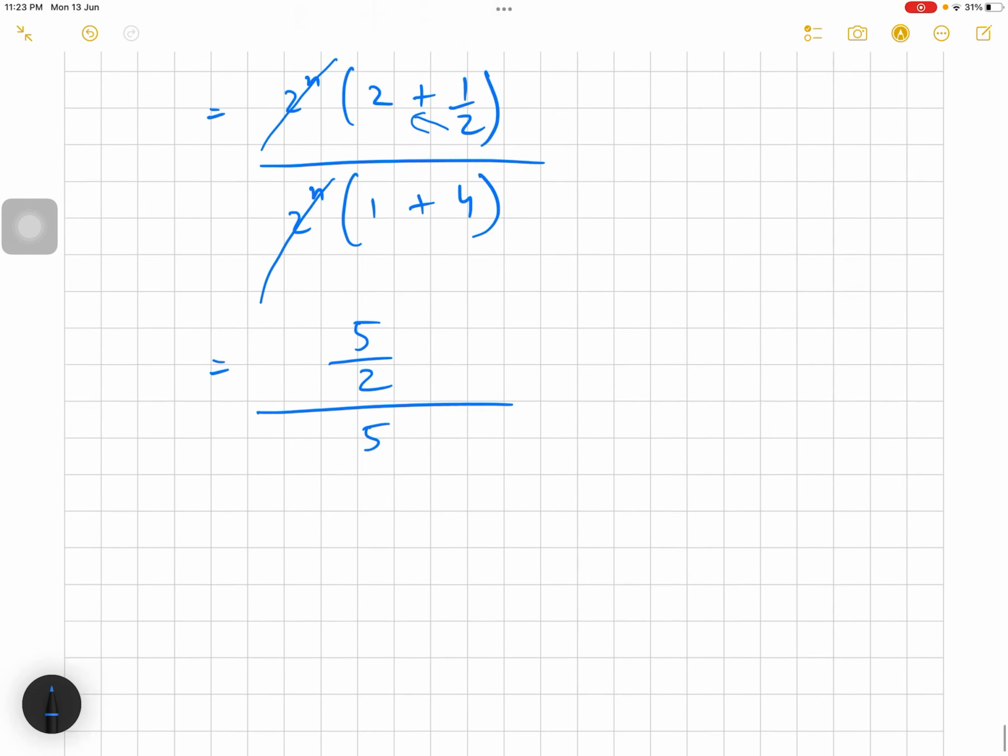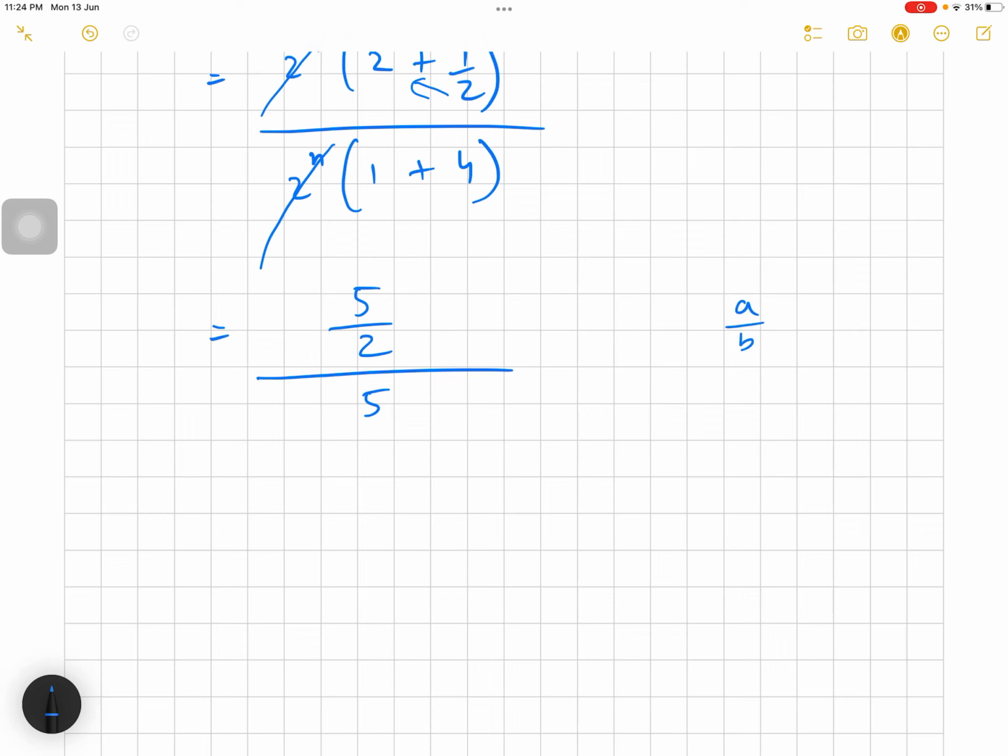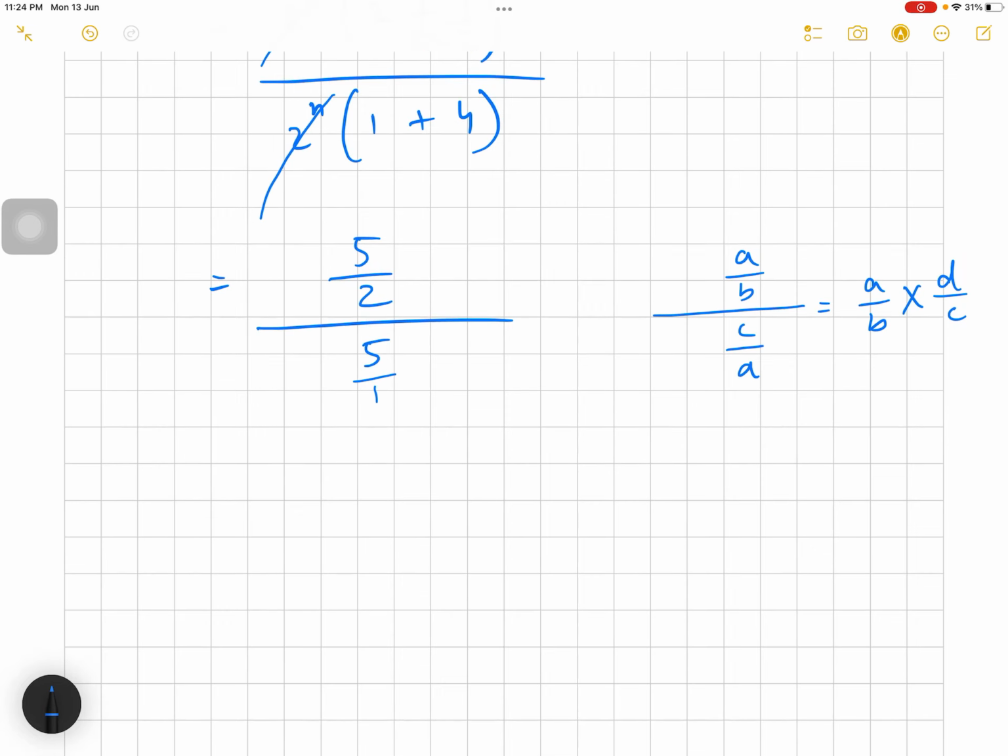Now if A upon B, the whole upon C upon D, this can be written as A upon B multiplied by, instead of C upon D, you have to take the reciprocal, D upon C. So here when I am writing 5, that means it is 5 upon 1.